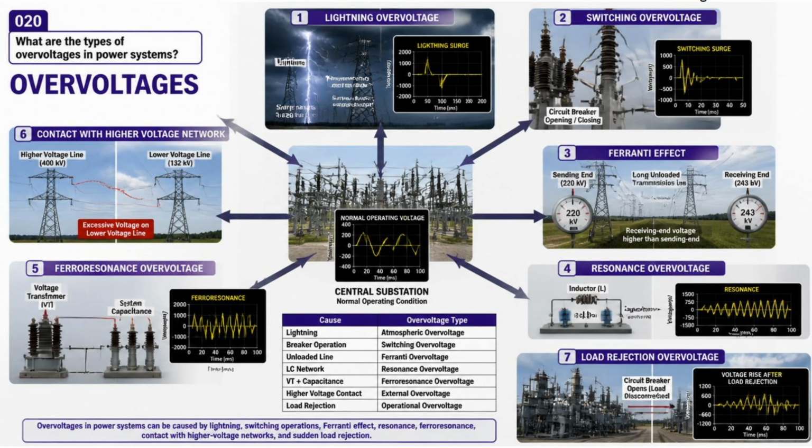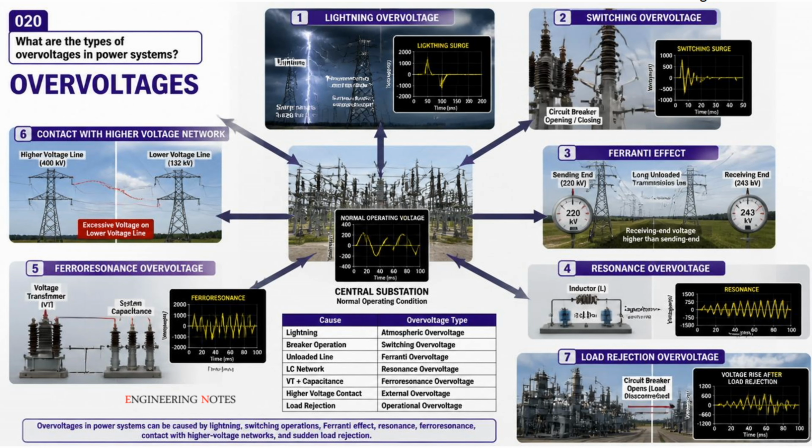Question 20. What are the different types of overvoltage in an electrical power system? Several types of overvoltage can occur in an electrical power network. The most common types are: A. Lightning overvoltage. Overvoltage caused by lightning strikes, either directly on the system or near transmission lines.